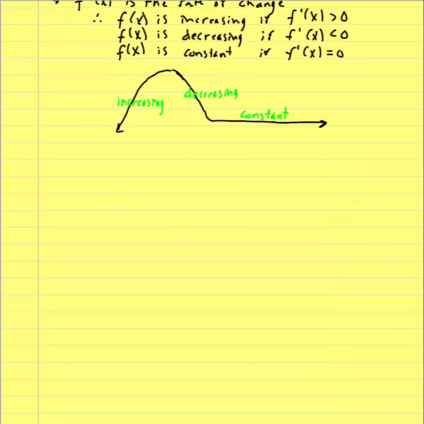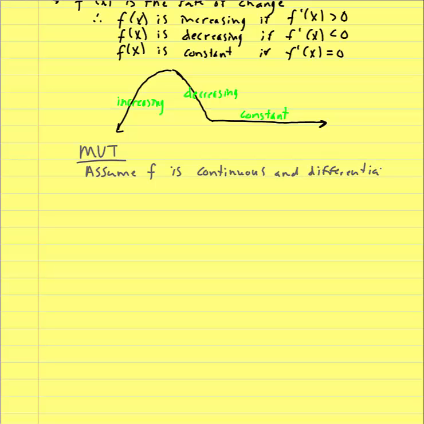So let's go ahead and write out what the mean value theorem says technically, and then we'll have a bit of a picture to go along with it to help clarify it. So as usual, we are going to assume our function is continuous and differentiable on the closed interval AB.